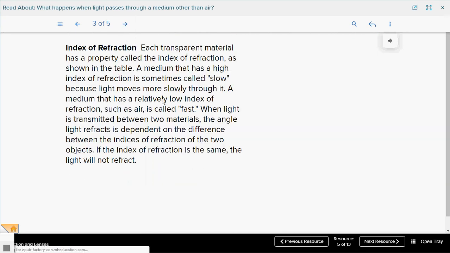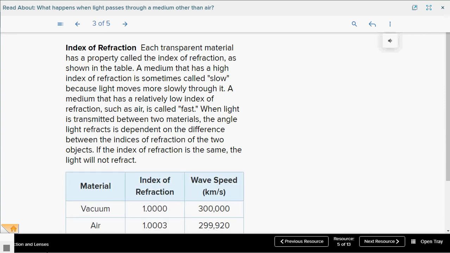After that, what's meant by index of refraction? Each transparent material has a property called the index of refraction, as shown in the table. A medium that has a high index of refraction is sometimes called slow because light moves more slowly through it.